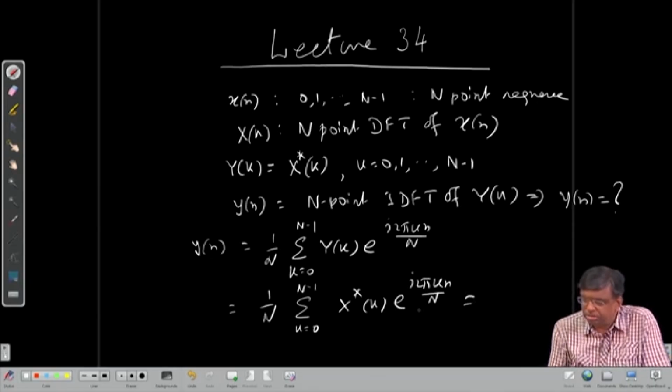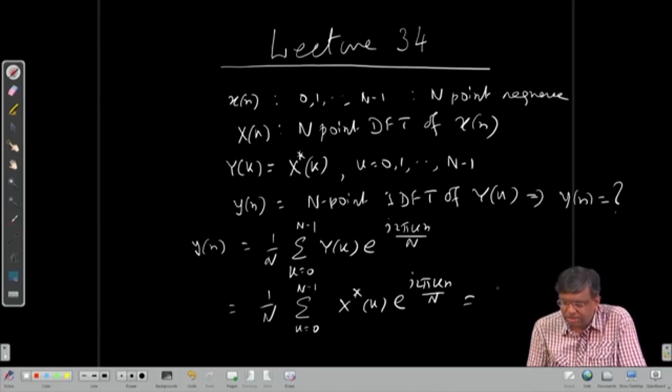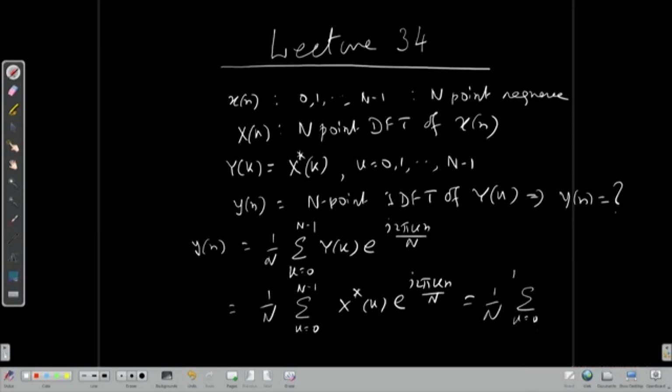This product you can write as X k e to the power minus j 2 pi k n by capital N, put everything in a bracket, conjugate outside.